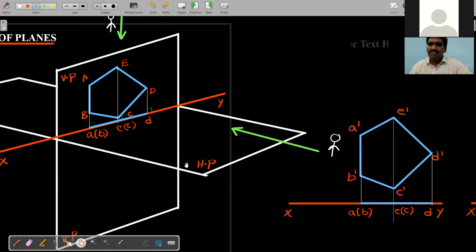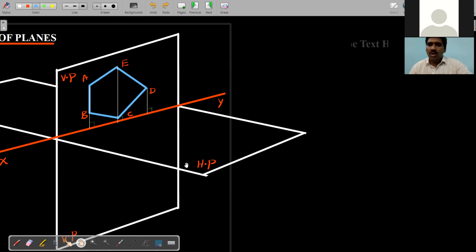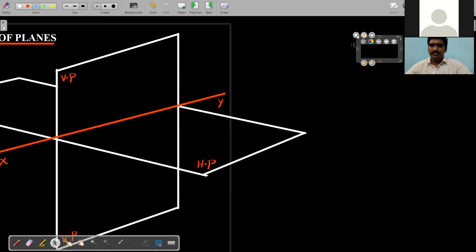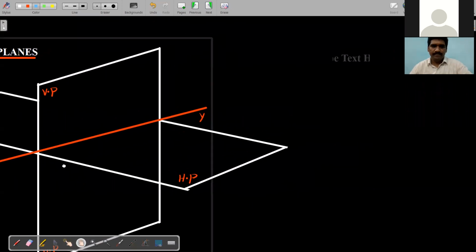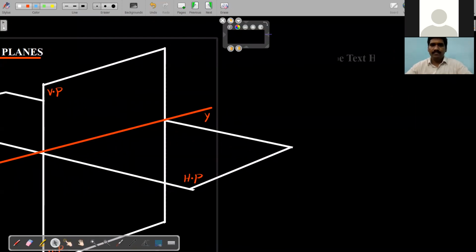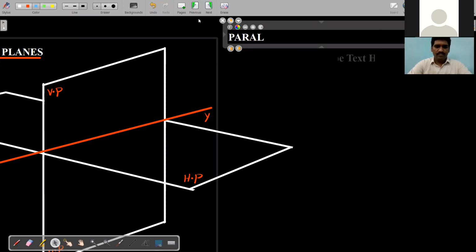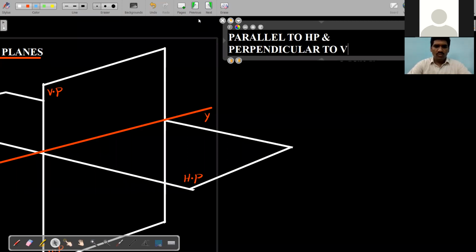A plane parallel to the horizontal plane and perpendicular to the vertical plane. Parallel to HP and perpendicular to VP.